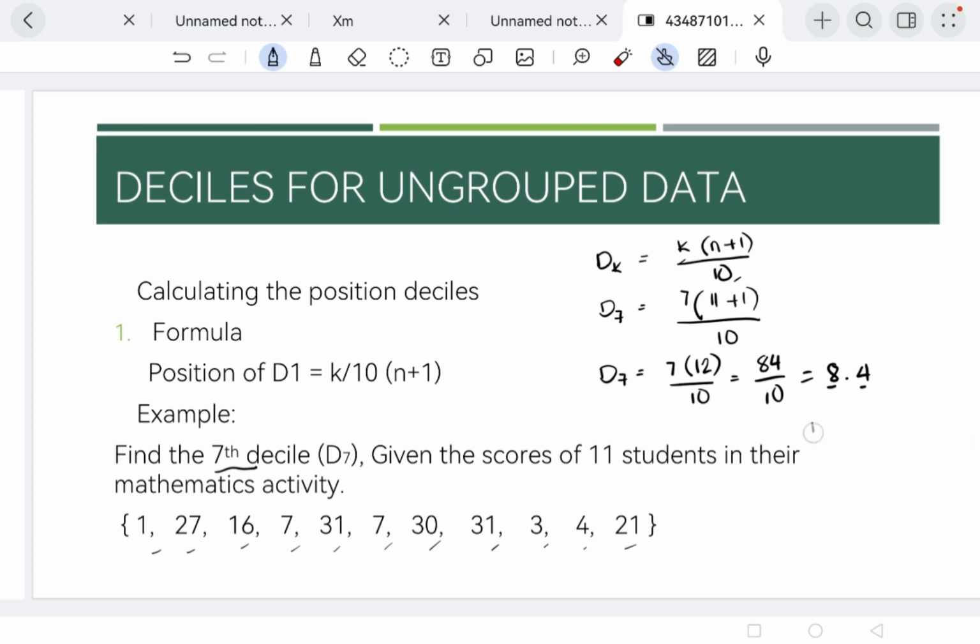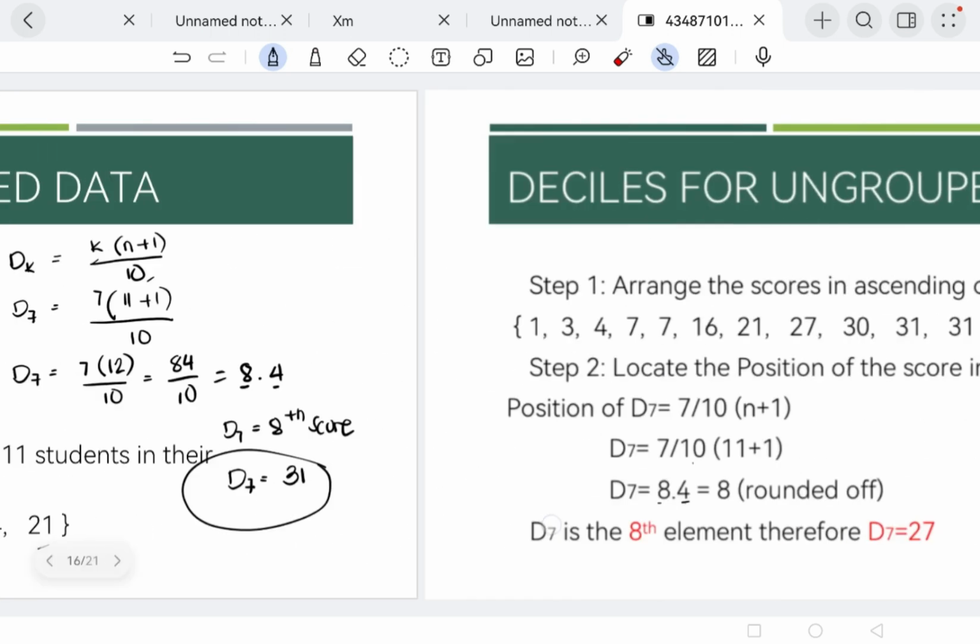So our answer is 8, or the 8th score. So we will count 1, 2, 3, 4, 5, 6, 7, and 8. So our decile 7 is equal to 31. So that is our decile 7, 31.